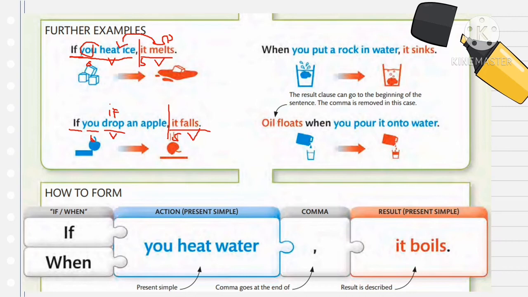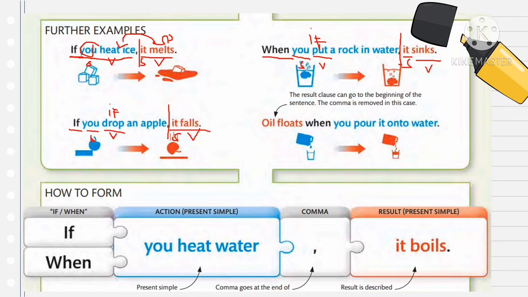Same goes with the following. In this sentence, we use when instead of if. Again, if and when can be used interchangeably under zero conditional. You is the subject, put is the verb, simple present tense, a rock in the water. This is our if clause. The result of the condition or the situation is it sinks, subject, and then verb.